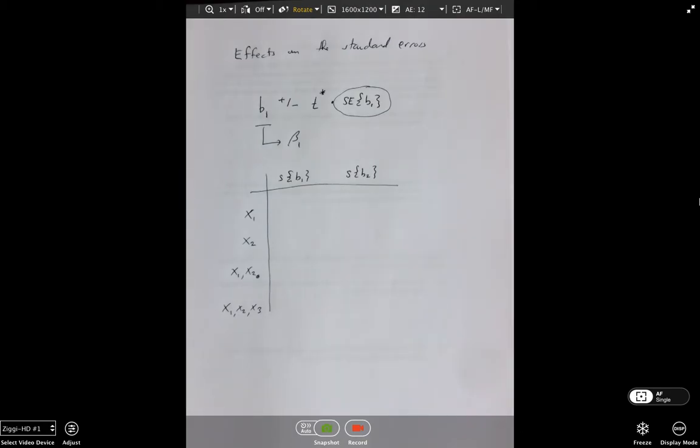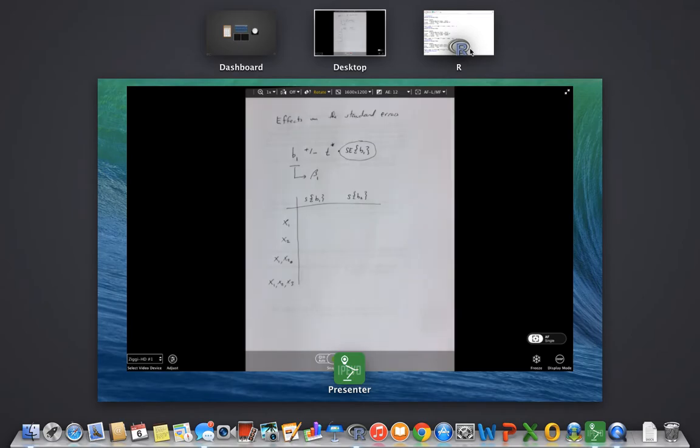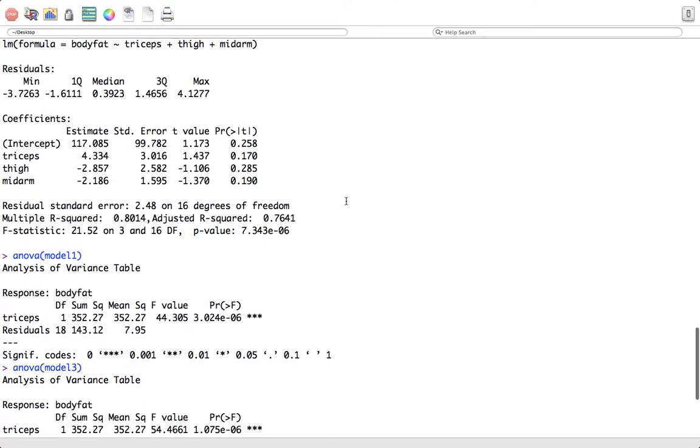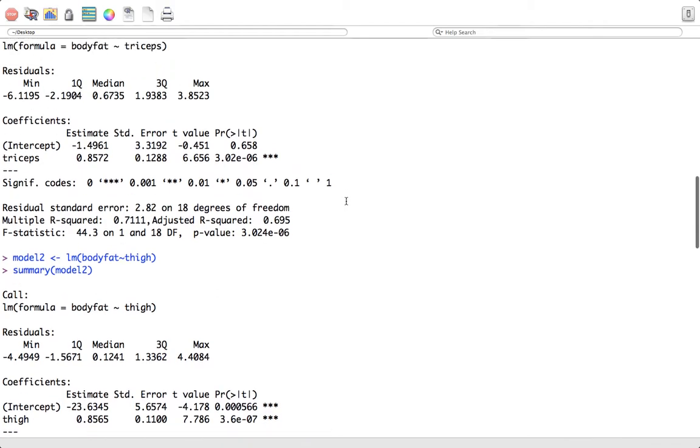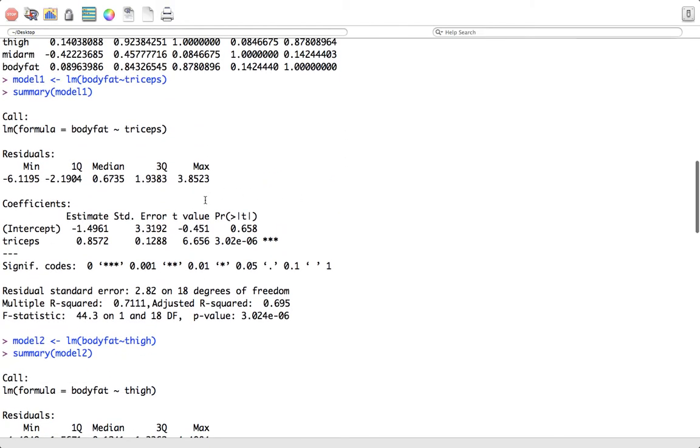Okay? Now, if we go back to our first model, model 1, we can see that the standard error for triceps is 0.1288.